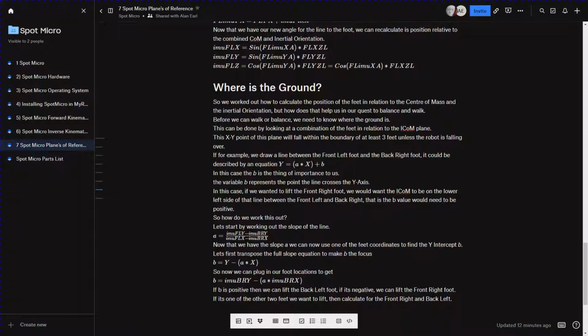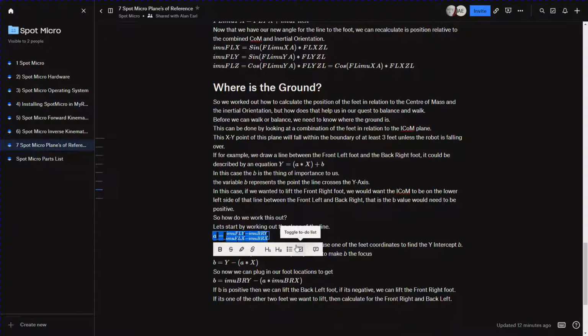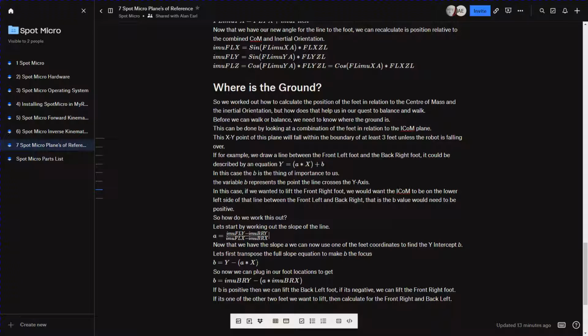So by calculating out our slope for the front left to back right, we get a, and once we've got a, we can transpose this equation, y equals ax plus b, to b is equal to y minus ax.